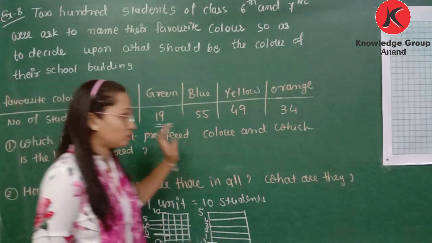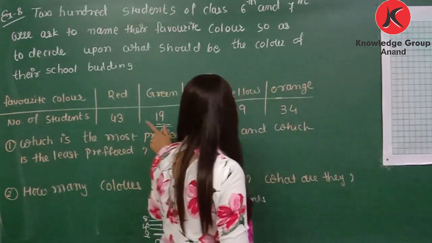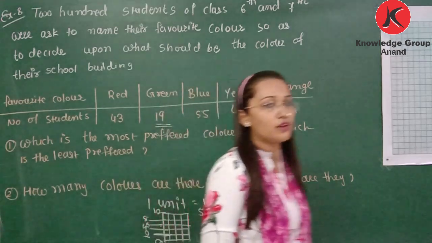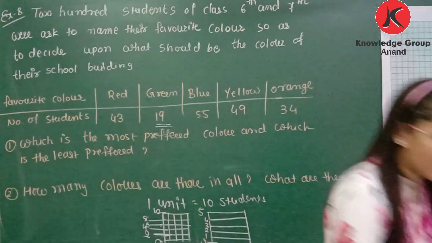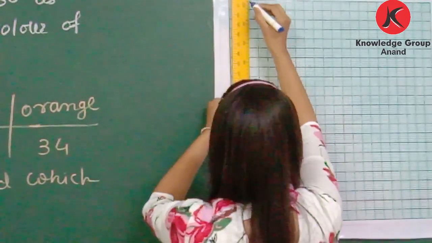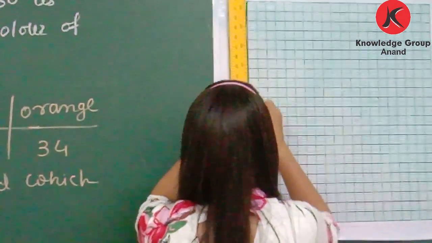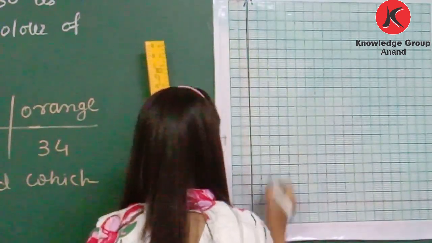Here this 5 by 5 graph is given. So first of all, we need to draw one vertical line and a horizontal line. So let's draw one vertical line. And what is this vertical line? That is our y-axis.